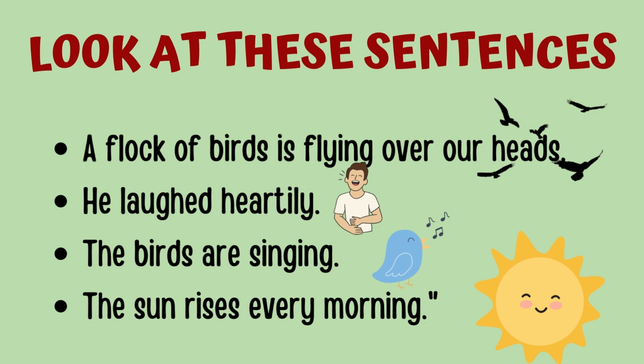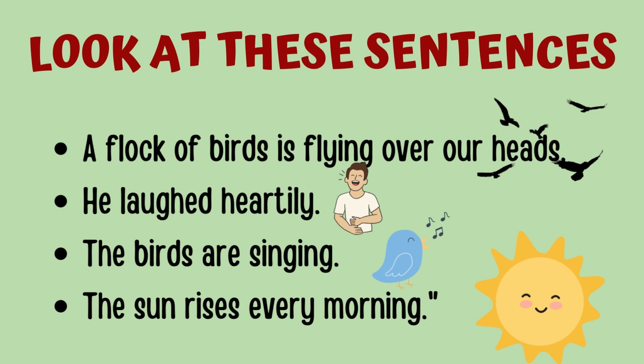Simply, he laughed. Okay, heartily here is an adverb but not an object. Again, we do not have an object, so simply it's an intransitive verb. The birds are singing. Singing is our verb, and it does not take an object to complete its meaning.